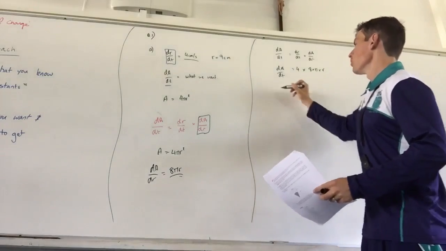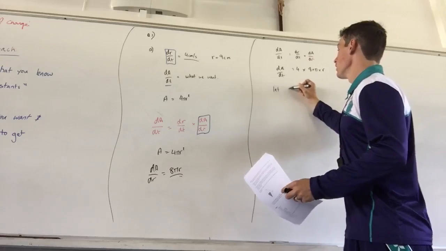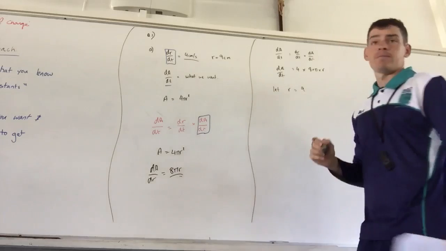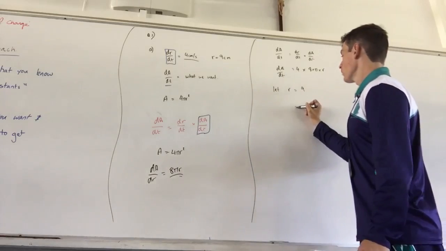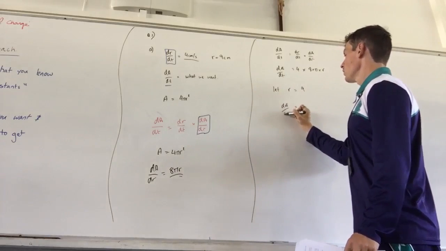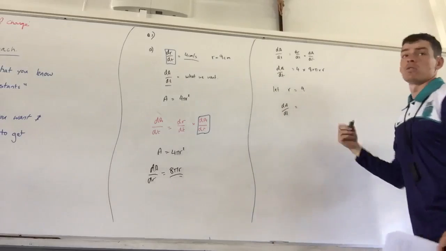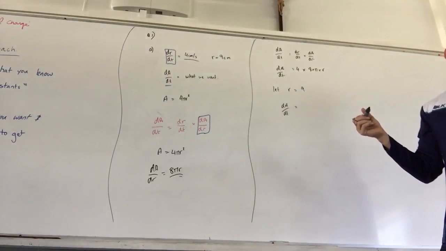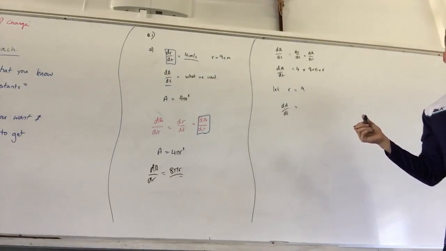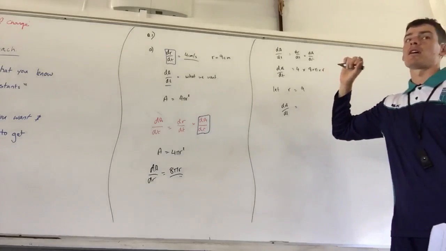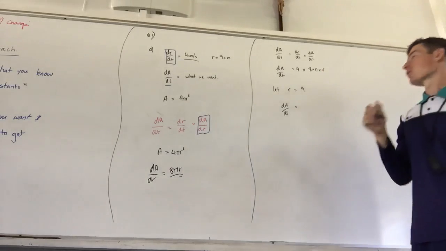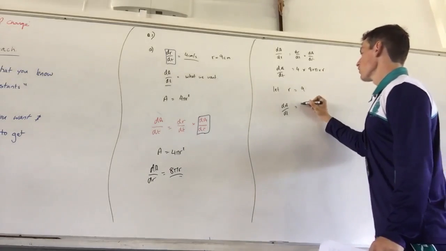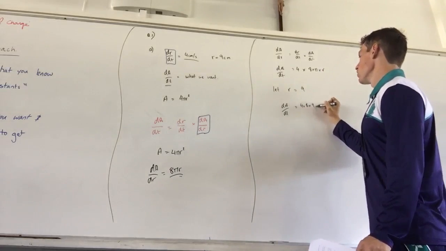Well, no, I'm not. I'm going to let r equal 9. I wanted to show you 8 times pi times r because I'm about to do something with pi. I could have done 32 pi if you were happy with that. So I've got 4 times 8 times 9 times pi.